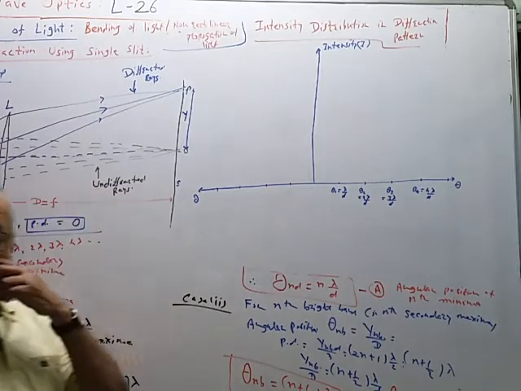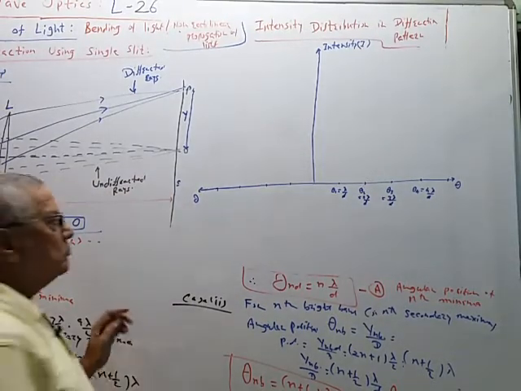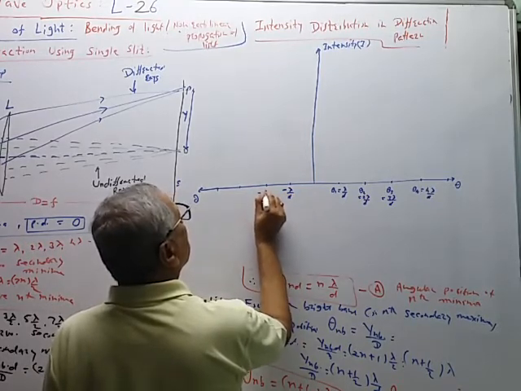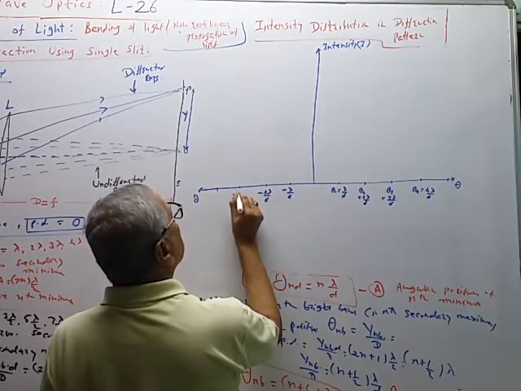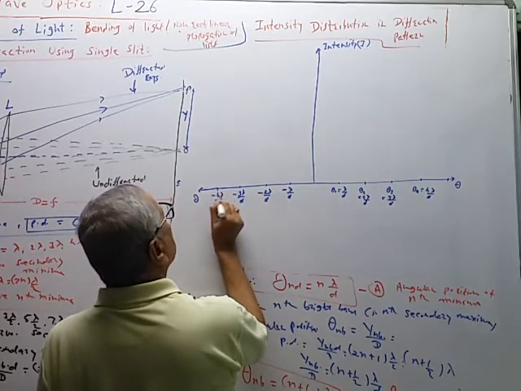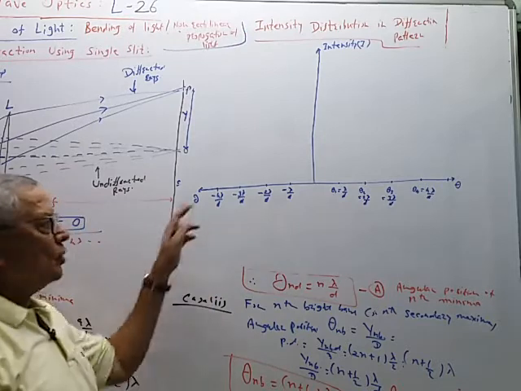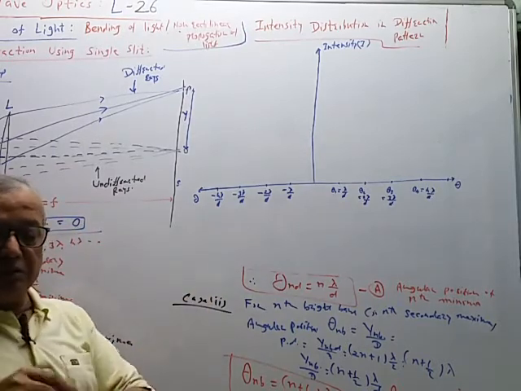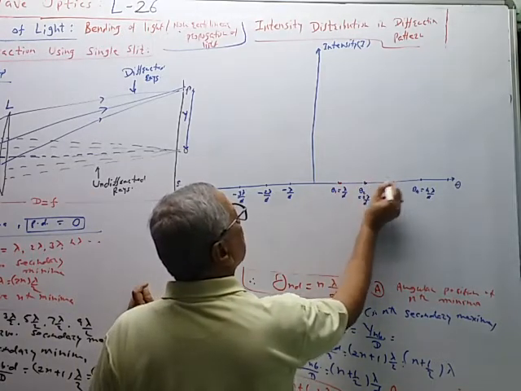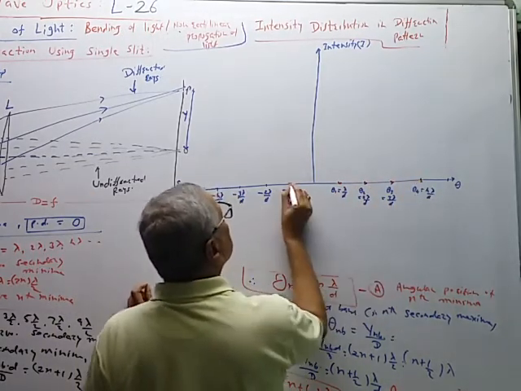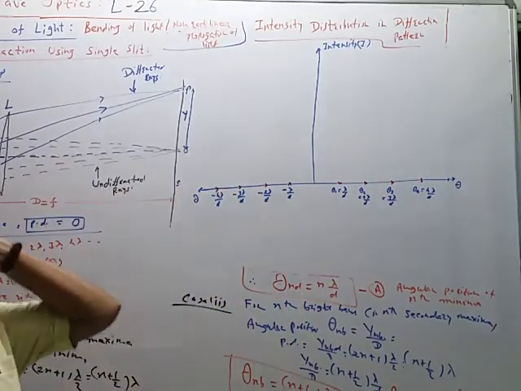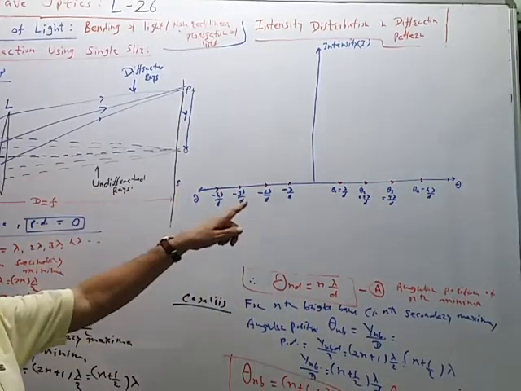On this side, the values will be minus lambda upon d, minus 2 lambda upon d, minus 3 lambda upon d, minus 4 lambda upon d. So all these are the points of minima, so their intensity is 0. First minima, second minima, third minima, and so on. All these are the points of minima.